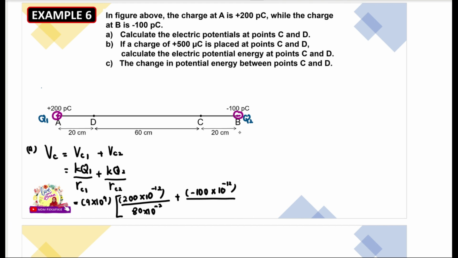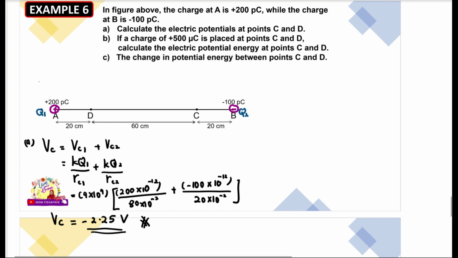Okay, jarak antara C dengan point B 20 cm. Okay, and finally you dapat jawapan negative 2.25 volt. So VC dah settle, so kita buat pula VD.